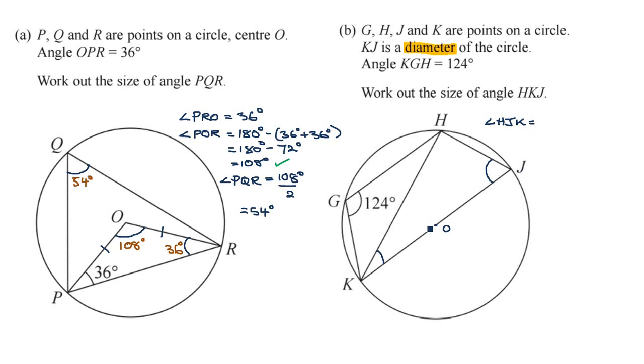They sum to 180 degrees, so we can get HJK by taking 124 from 180 degrees. And that gives us 56.